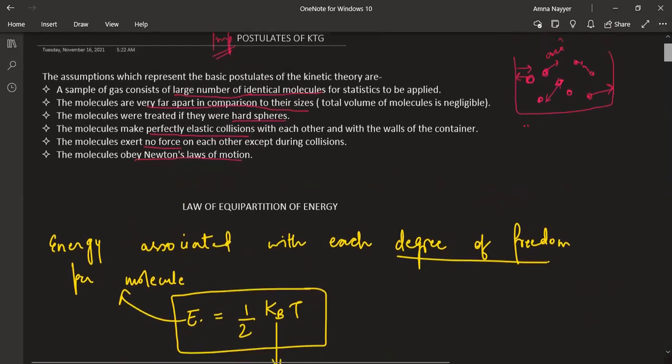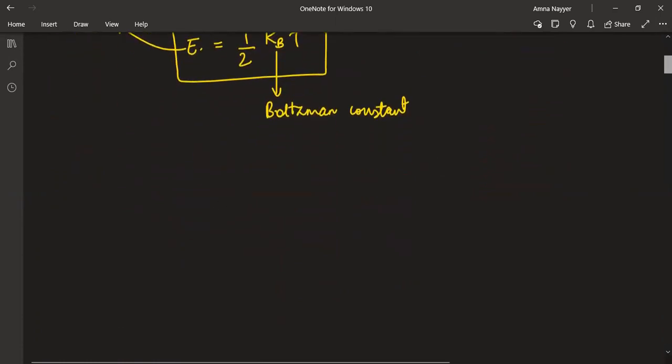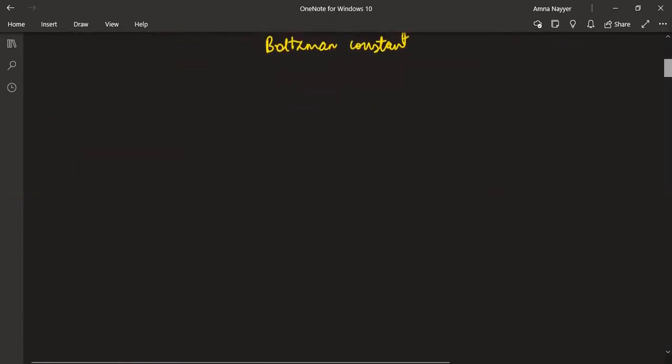I hope you all have written the postulates. See, what is this Boltzmann constant? This you have to remember throughout, even for your entrances. This part is important. The Boltzmann constant is the value of the gas constant divided by the Avogadro's number.